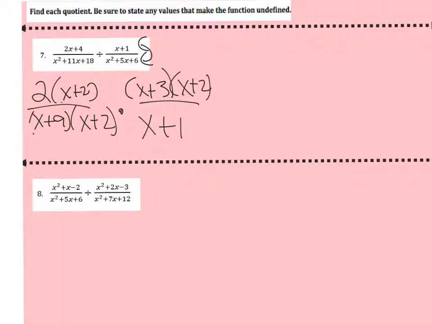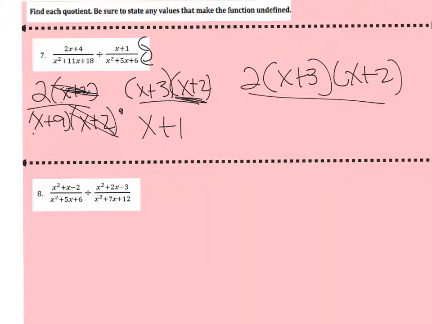So now play the canceling game. This cancels, this cancels, and that is about all I have. I can't cancel out both. You see I have the x+2 over here. Only one can cancel each other out. So I'm left with 2(x+3)(x+2) over (x+9)(x+1).